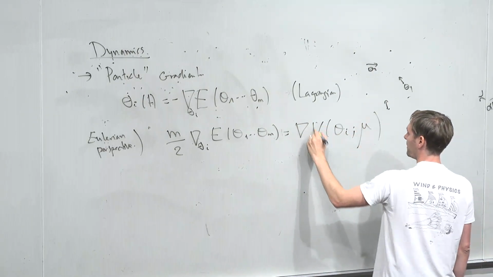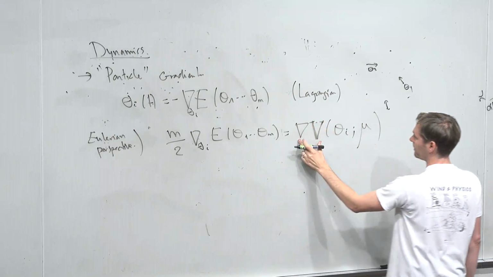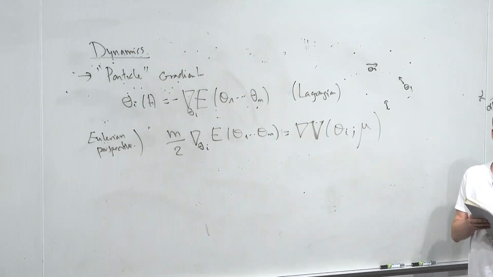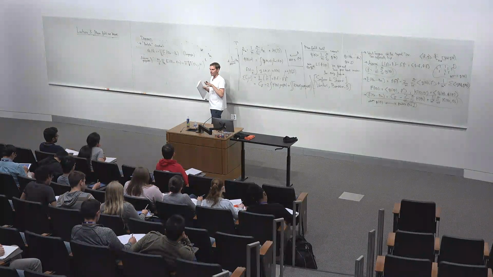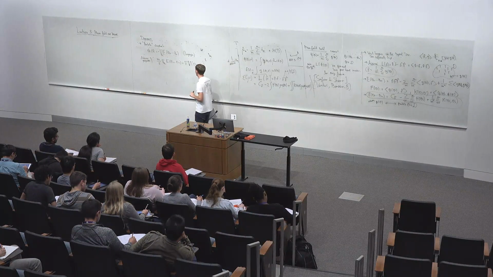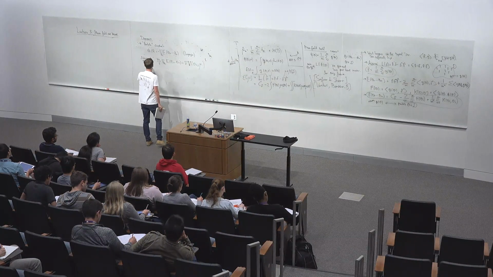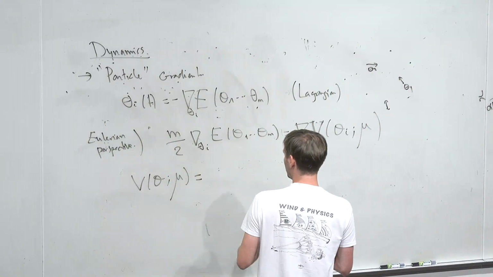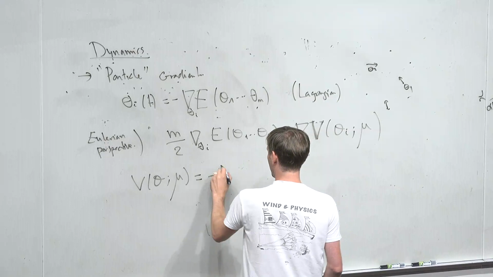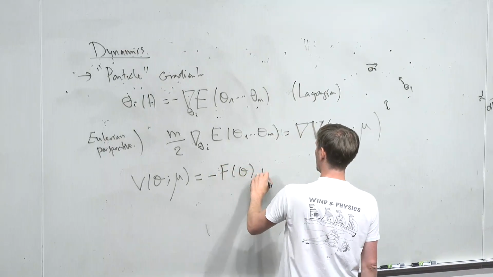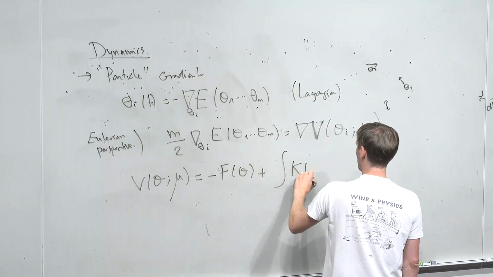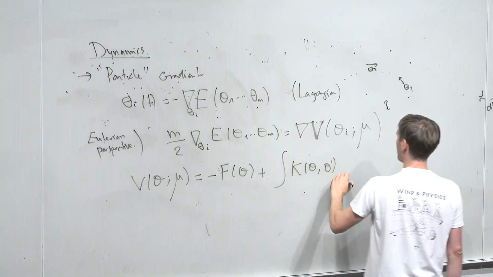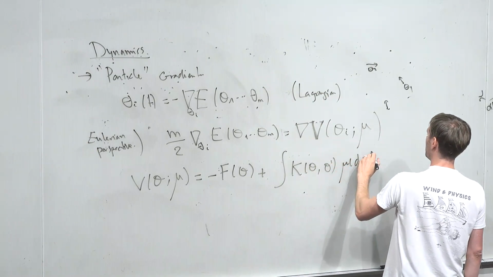Okay, so this V is what I call a potential, right? Like the gradient of V, when I have a potential energy, the gradient of the potential is the velocity field. And what is the corresponding potential? This is nothing else than minus the force plus the integral of k prime mu d theta prime.